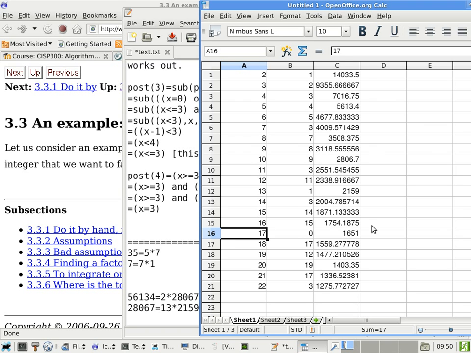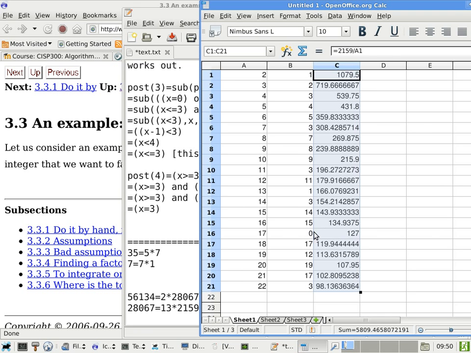Yeah. It is? 13 and 17 are both factors of the 28067 number. Well, then how come I stopped it? Oh, I haven't updated this one yet. So I have to update this one to be 2159. Okay. And 127. Okay.